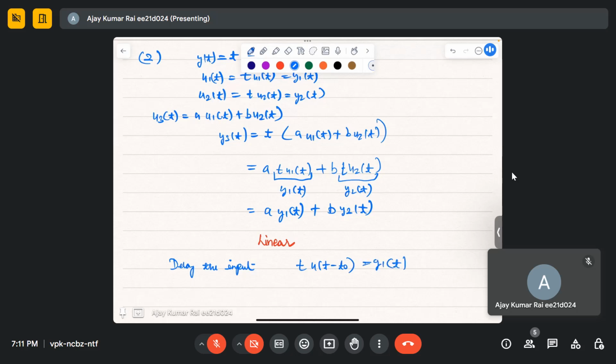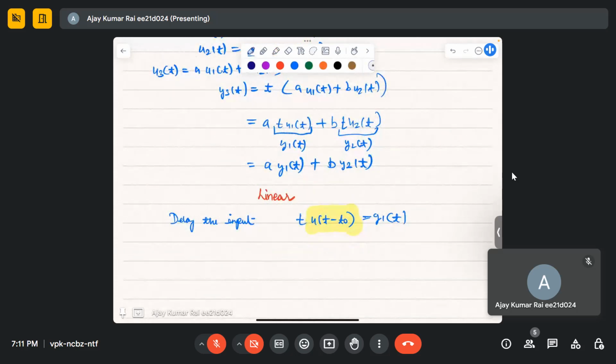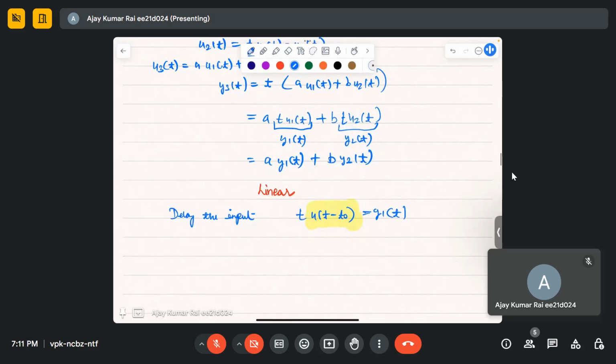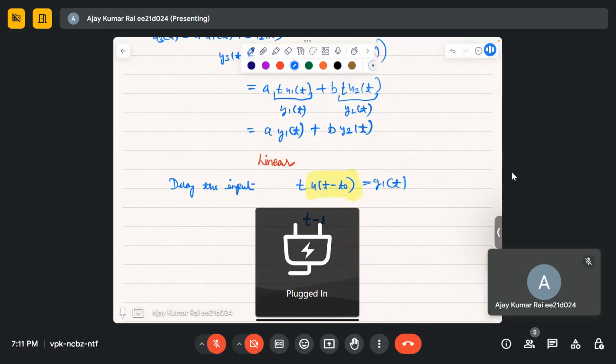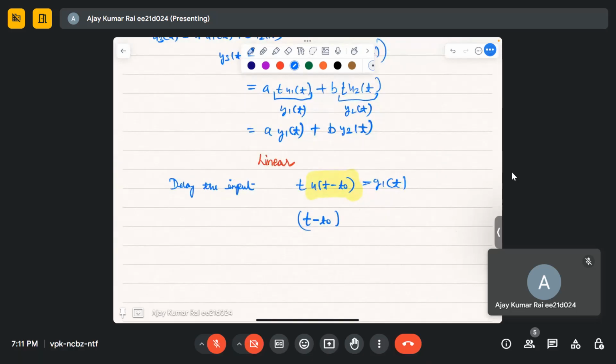You know, this is the input. But if I put t equal to t minus t naught in the entire equation, what I'll get is t minus t naught into u of t minus t naught. This is y of t minus t naught. And you just compare these two results here. This one and this one. These are not equal, right?